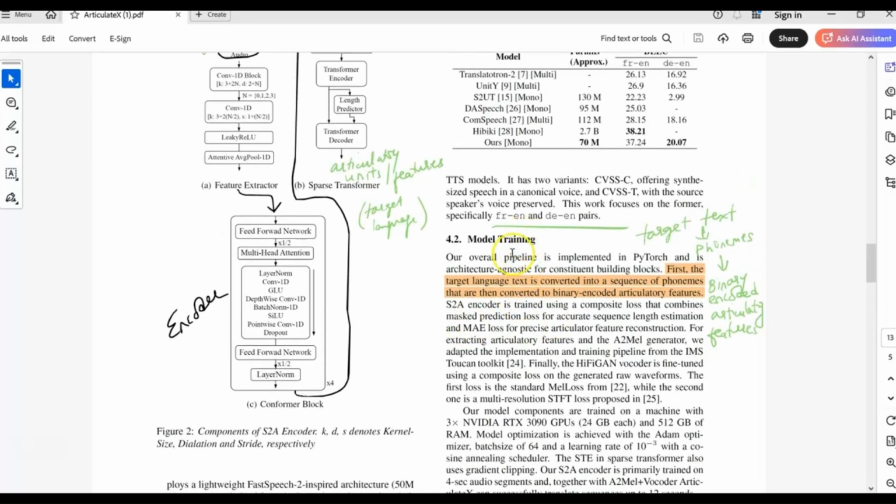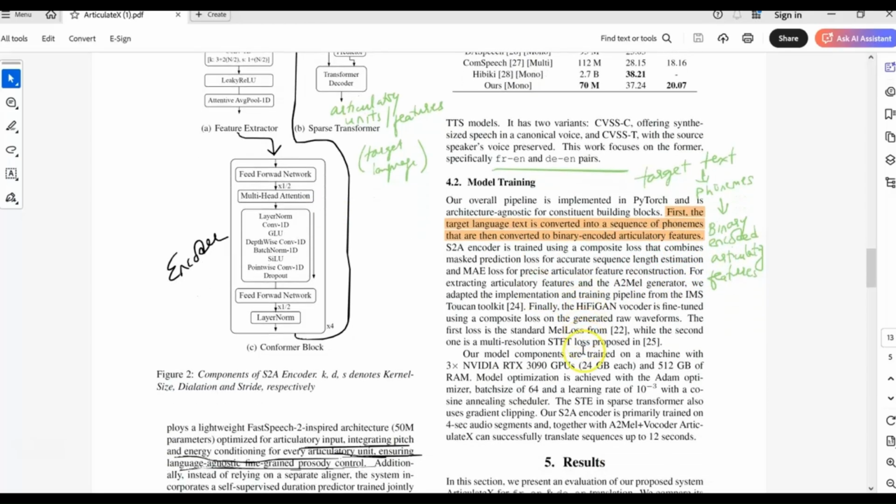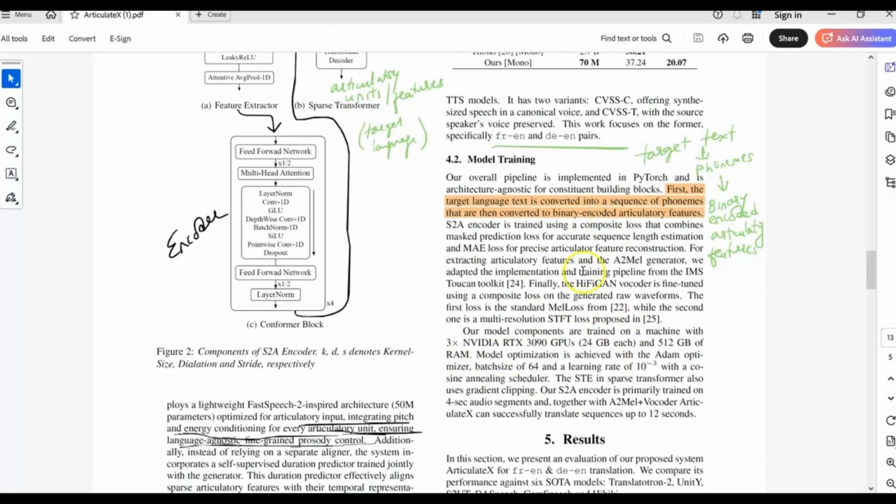So we have two pairs. On the source side, we are taking the raw audio, and on the target side, they are using these features during the training phase to train this speech to articulator encoder. So that's my understanding of how they're producing these features. And then other configurations of the training are standard stuff.